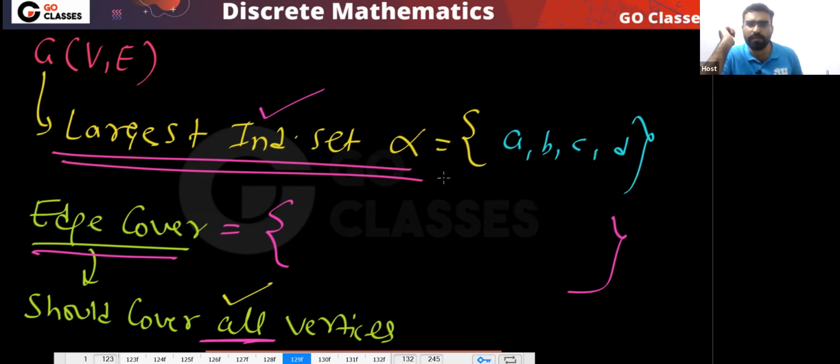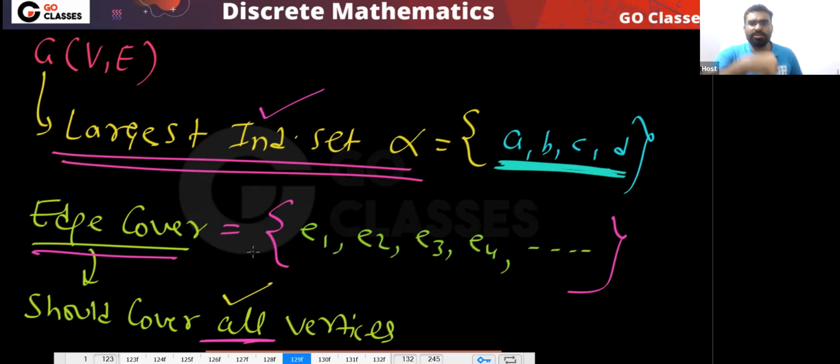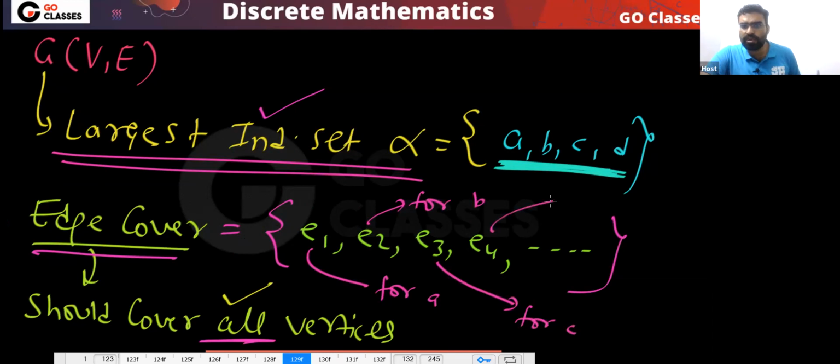Edge cover wants to cover all the vertices, so to cover these vertices at least 4 edges are needed: E1, E2, E3, E4. This one for A, this for B, this for C, and this for D.